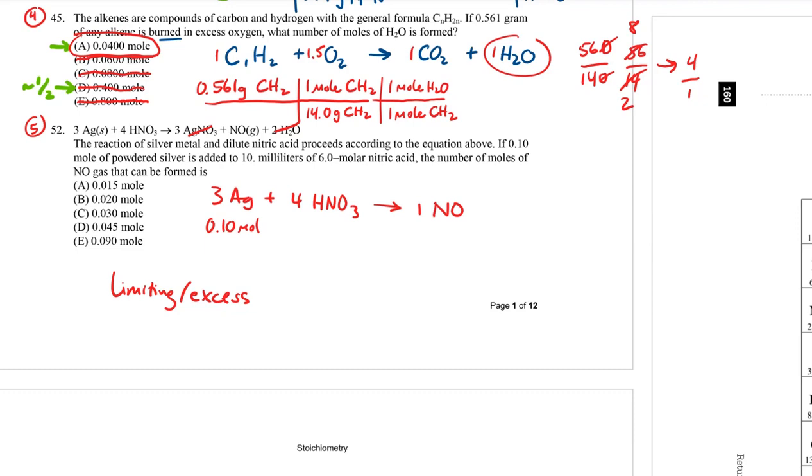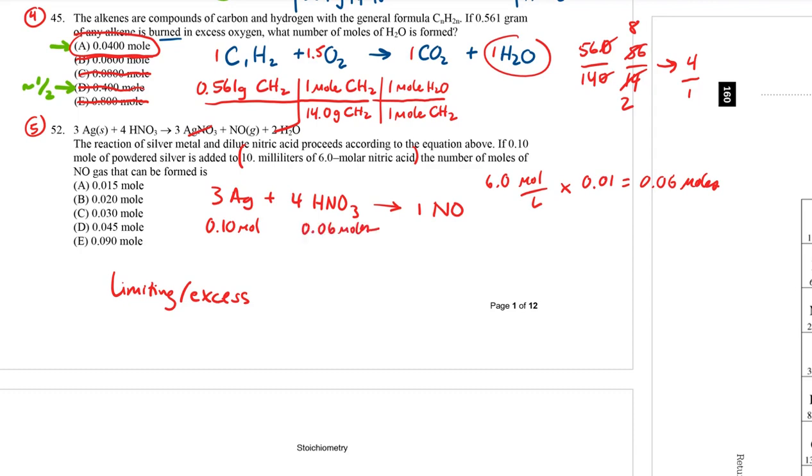So to find the moles, we're going to take 6 moles per liter and multiply it by the number of liters we have, which for 10 milliliters is 0.01. We don't need to worry too much about decimal places when we're doing multiple choice almost all the time. 6 times 0.01 is 0.06. 0.06 moles of the nitric acid. I'm going to jot that down here.